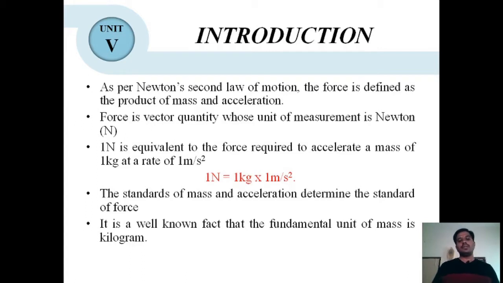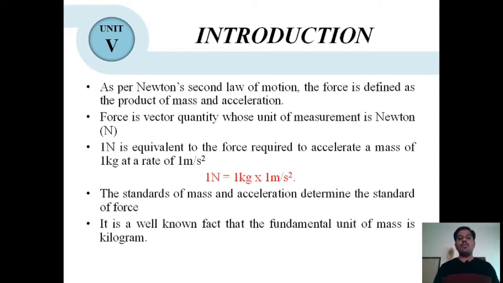So what is force? According to Newton's second law, which we have learned in engineering physics, force is defined as the product of mass and acceleration, which is F = ma. In Newton's second law of motion, the force depends upon the mass and also on the acceleration.